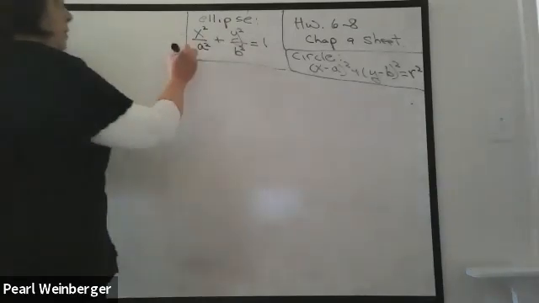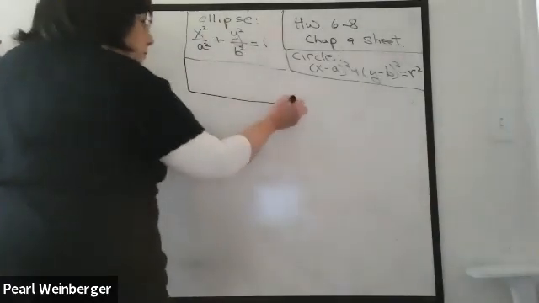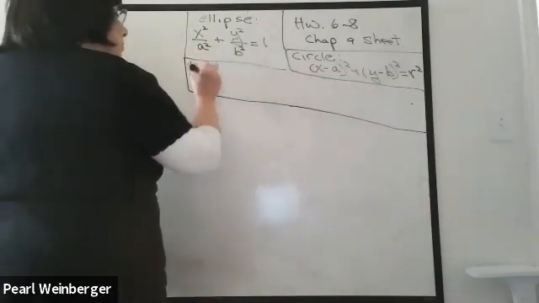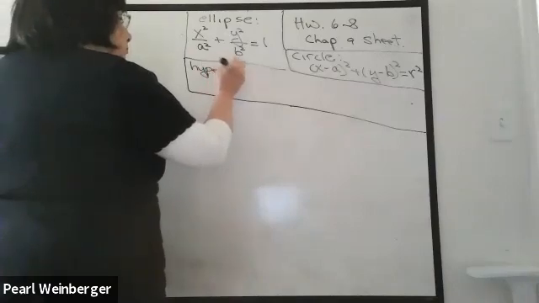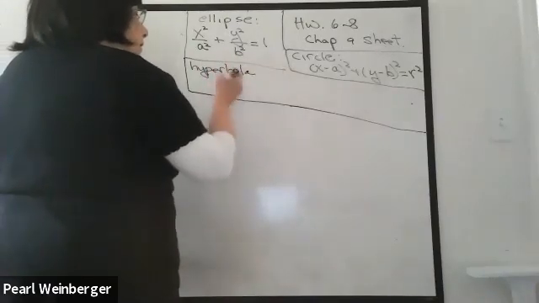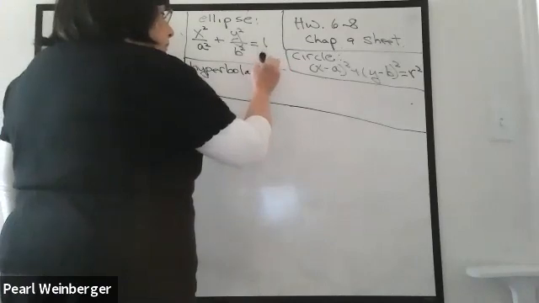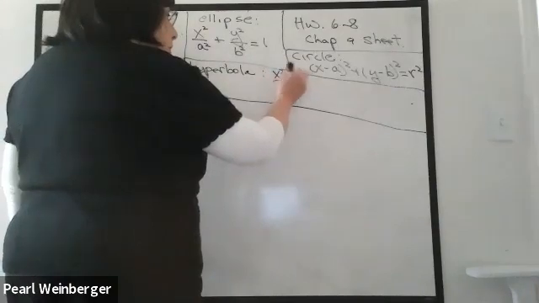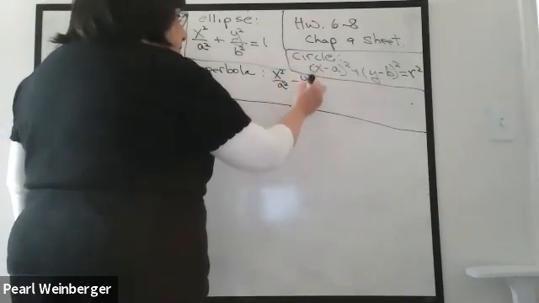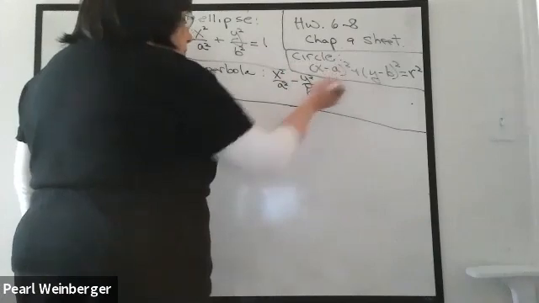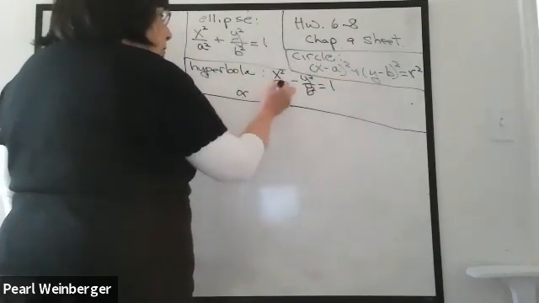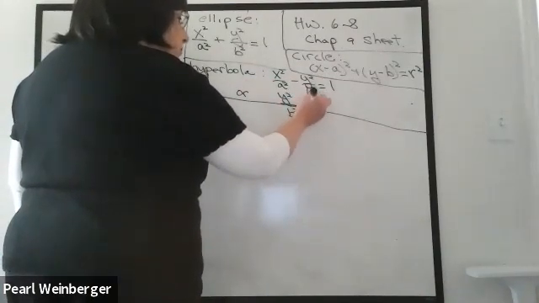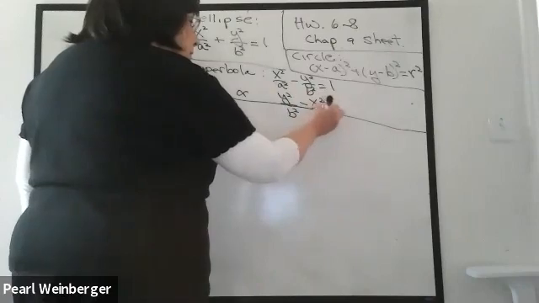The standard equation for a hyperbola is one of these two formats: x squared over a squared minus y squared over b squared equals 1, or y squared over b squared minus x squared over a squared equals 1.